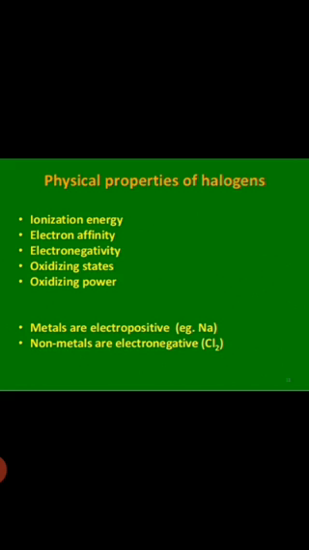In general, electron gain enthalpy becomes less negative as we move from top to bottom, that is from fluorine to iodine. So accordingly, fluorine should have the highest negative electron gain enthalpy, but it has been found that chlorine has the highest negative electron gain enthalpy in the group.